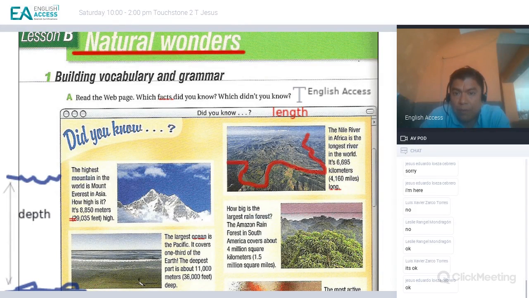We measure from one side to the other, from point A to point B, and that's our length. Point A to point B. Yes, and this is long.